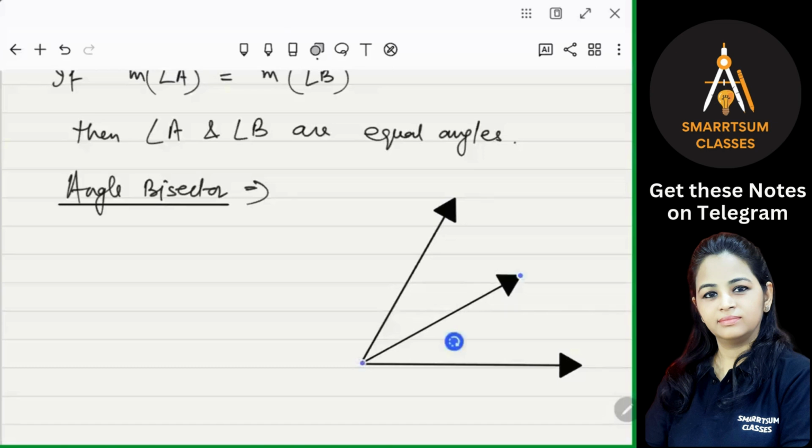This is angle A, and this is AD. AD is the ray.